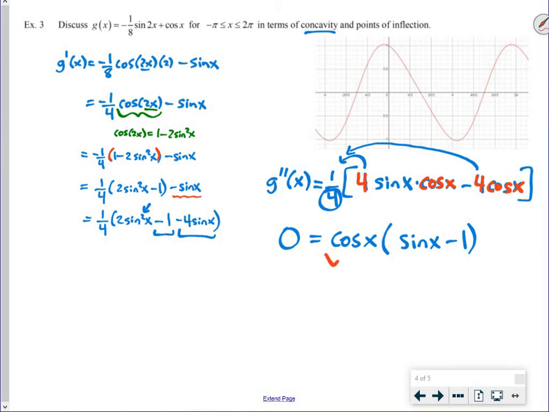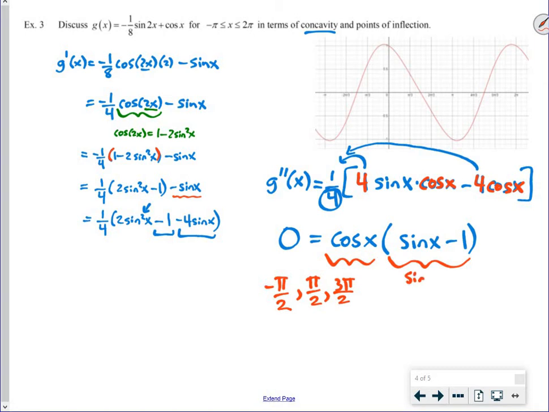Okay, cosine is 0 at pi over 2, 3 pi over 2, and so on. I guess we're going from negative pi to positive 2 pi, so I should include also negative pi over 2 in there. Alright, that should cover our points of inflection for that interval.